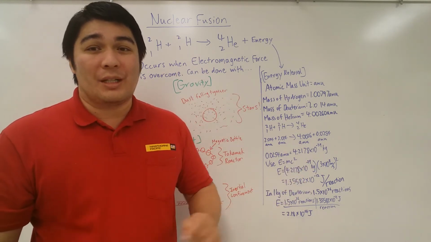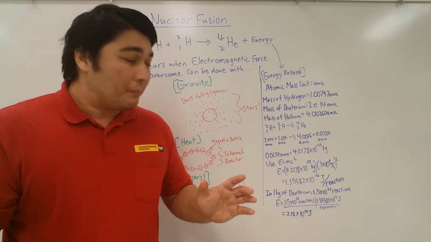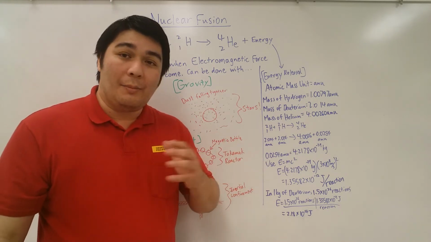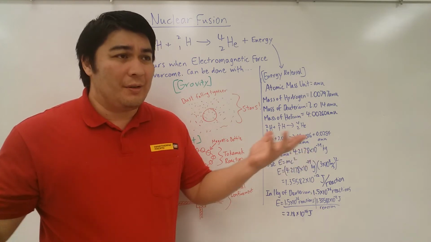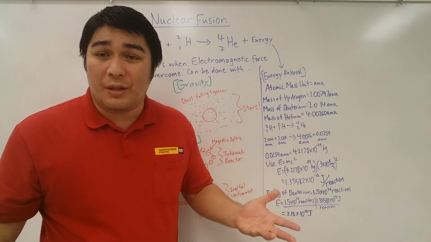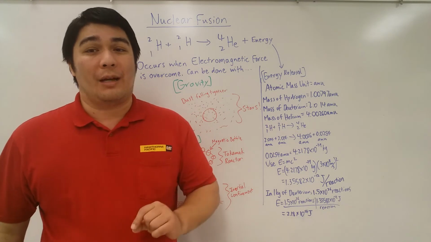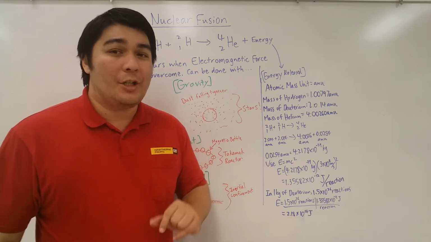So that means if you took just a kilogram of this stuff, you might be able to say, okay, well, that's only with two deuterium atoms. What if I had more than 2 deuterium atoms? What if I had just 1 kilogram of deuterium atoms? How much energy could I get out of that?